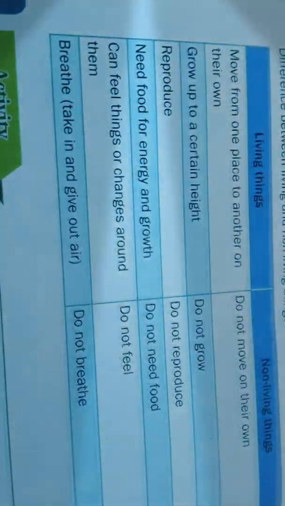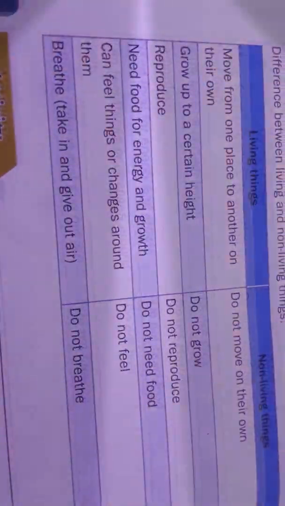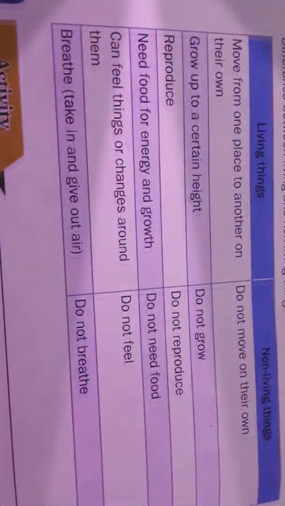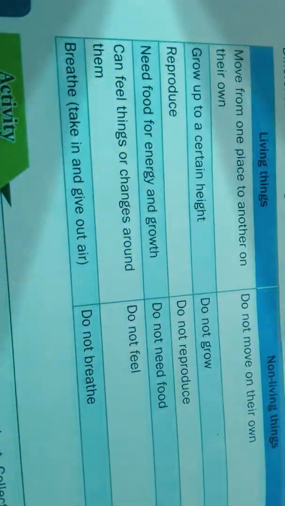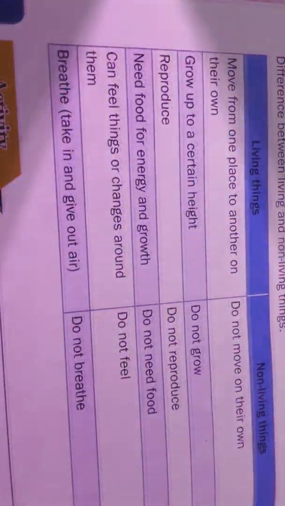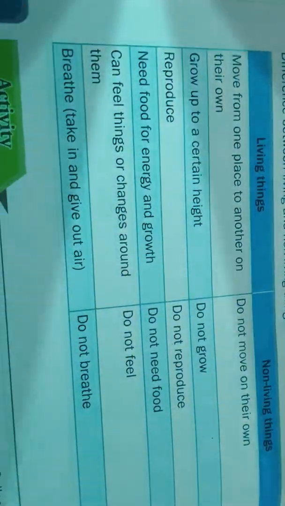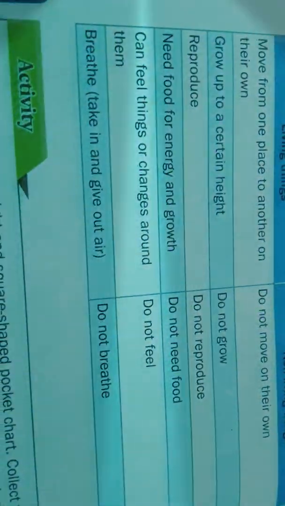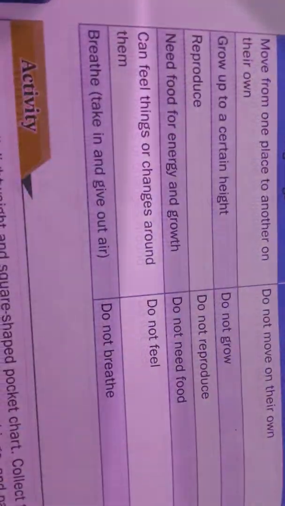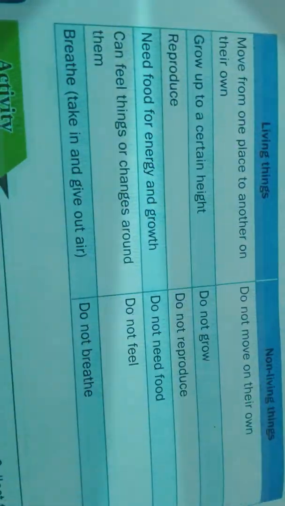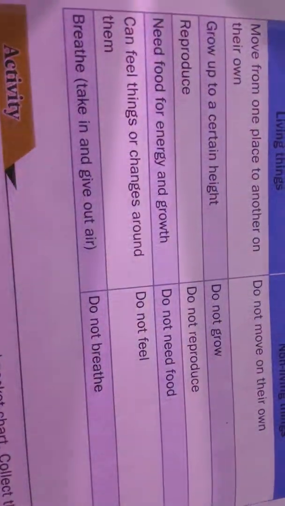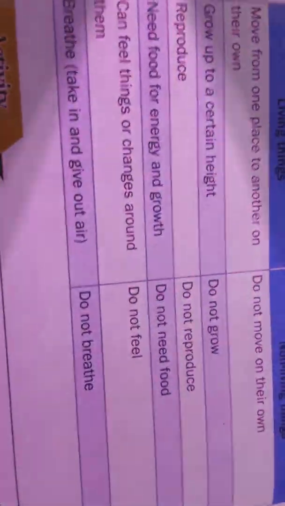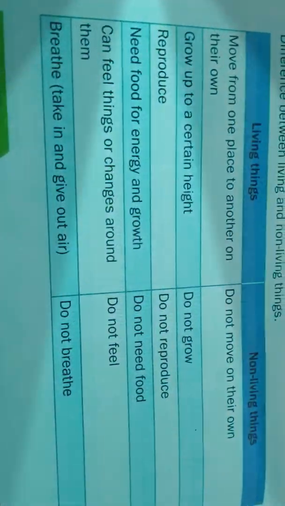And fourth one, living things need food for energy and growth, but non-living things do not need food. And living things can feel changes around them with their sense organs, but non-living things do not feel. And the sixth character is that living things breathe, taking in and giving out the air, and non-living things do not breathe.